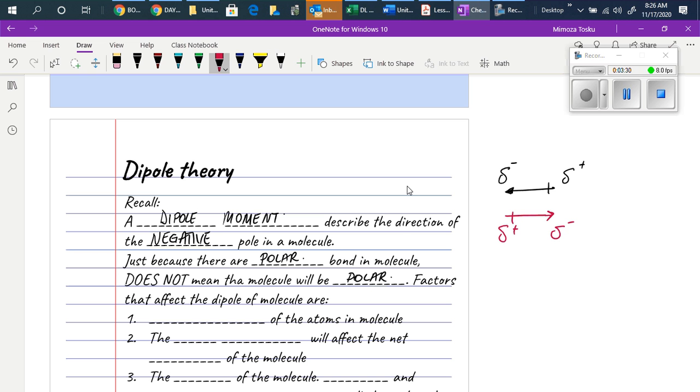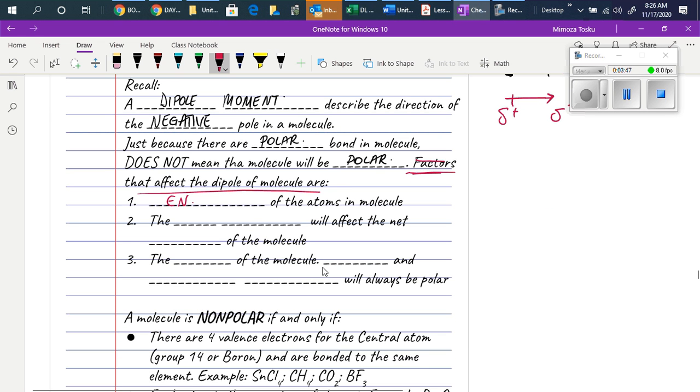Okay. So now, factors that affect the dipole of the molecules are the electronegativity of the atoms in the molecule. Next one is the bond dipoles that affect the net dipole of the molecule, as we said here.